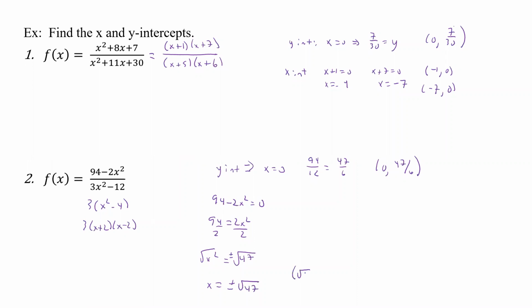So we have plus and minus the square root of 47, comma 0, for two x-intercepts. Okay, so our y-intercept and then the two x-intercepts. All right, so we'll stop with that and do another video in a second.